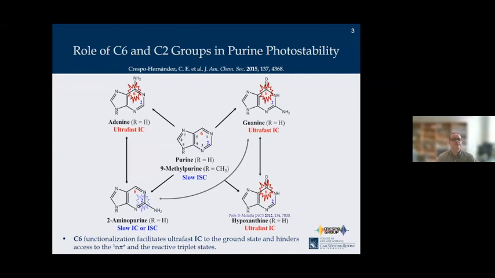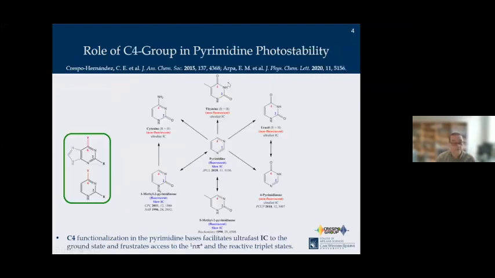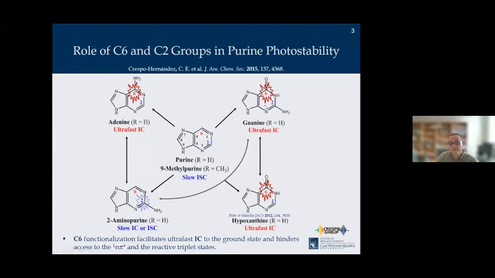because I want to move to the photosensitizer. But one thing that we have learned over the years is that the purine chromophore itself is not the photostable moiety of the DNA. When you substitute the DNA base, like in adenine, the position 6, or the position 6 also with an oxygen atom in guanine, you have very fast relaxation of the population from the excited state to the ground state.